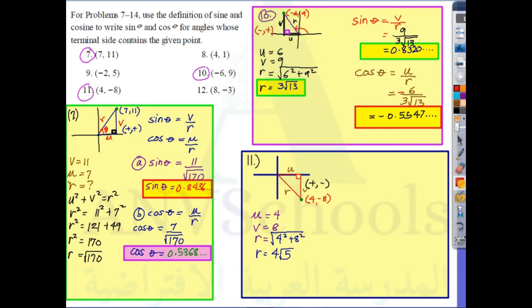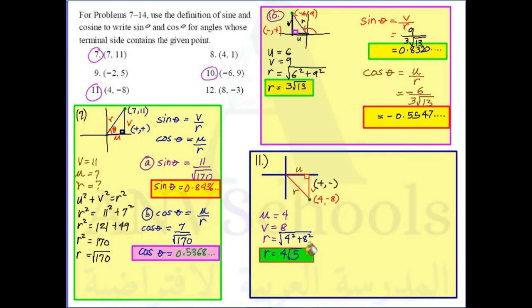Okay, this is our r. So we have our r now. All we need to do is to solve for the sine theta. And sine theta should be negative because it's in quadrant 4. So it's v over r. So this would be negative 8 over our r, which is 4 square root of 5.